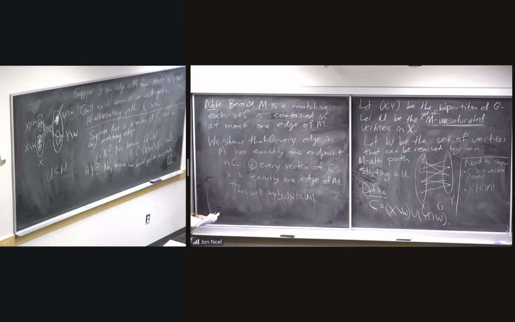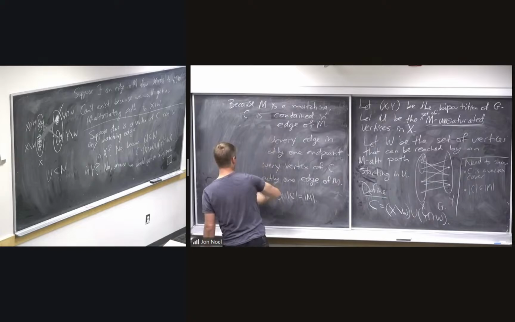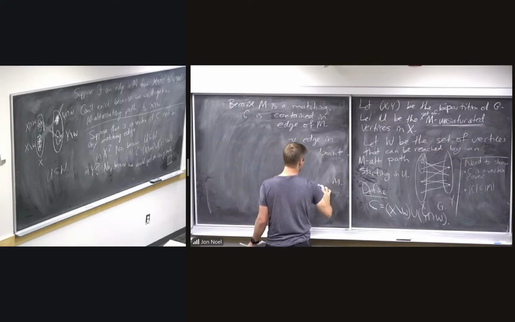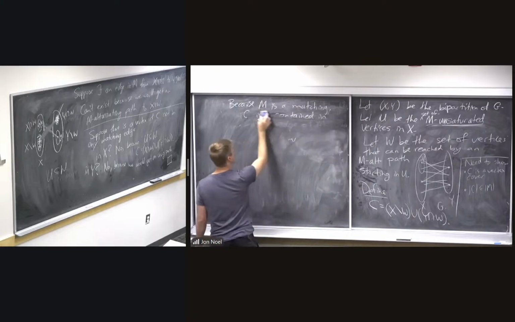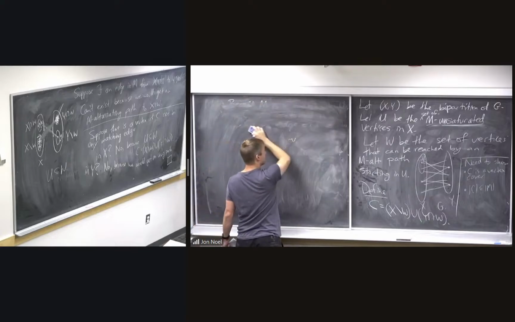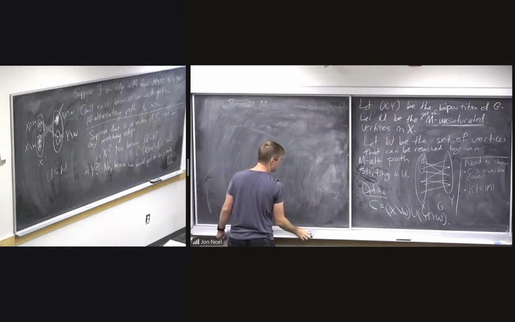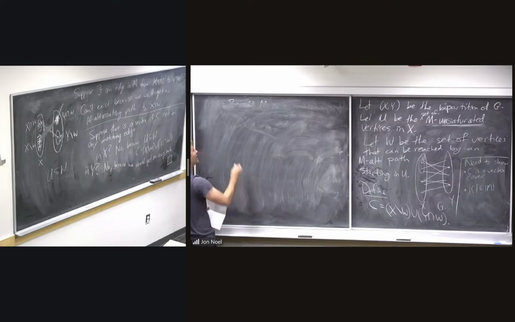Okay. I think I'll maybe just give you some definitions and state some theorems, and then that'll be all for today. So you may have heard of a perfect matching before.